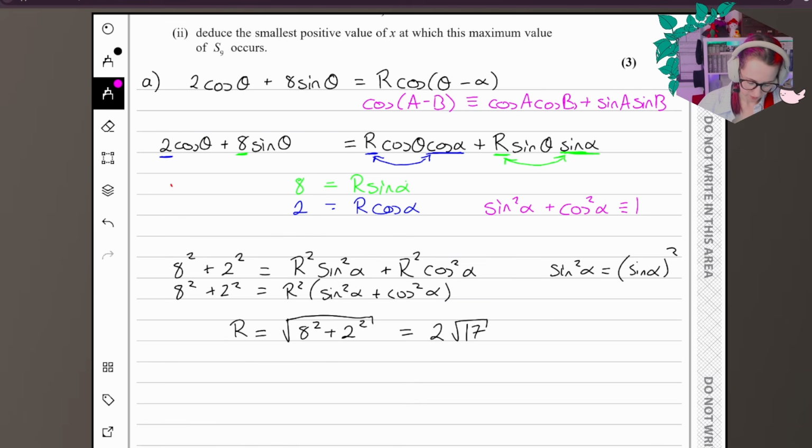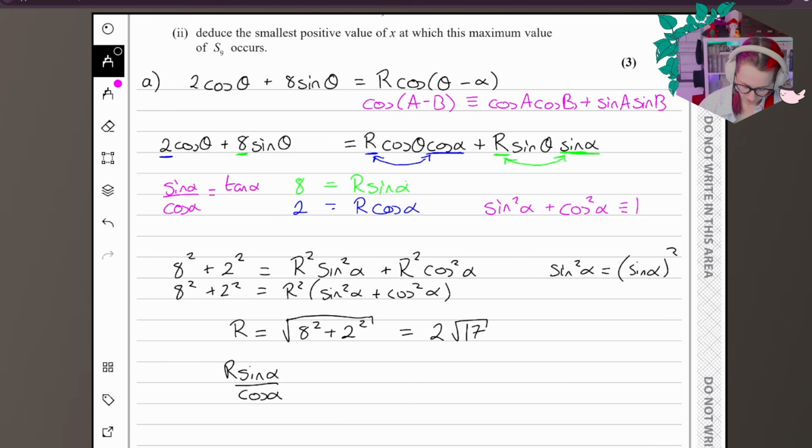And that is by using that sine of alpha over cos of alpha is equal to the tangent of alpha. So we can introduce a third trig function to just get one equation. If we divide these 2 equations by each other, we get sine of alpha over cos of alpha, and technically r sine alpha over r cos alpha, but the r's disappear, equals 8 over 2. So we get tan of alpha is 8 over 2.